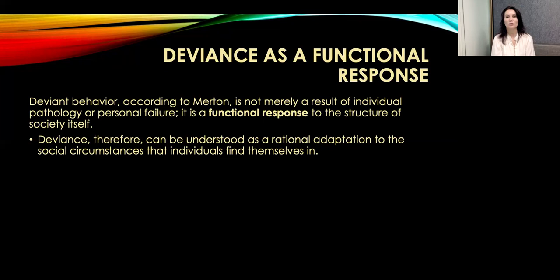Deviance, therefore, can be understood as a rational adaptation to the social circumstances individuals find themselves in. For example, if one religion is very strict about the moral standards of its members, and people in the times of globalization can't follow those norms, that means they're deviating from their institutionalized religious norms.